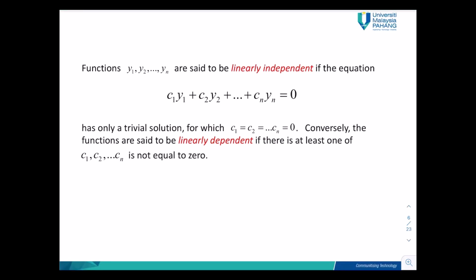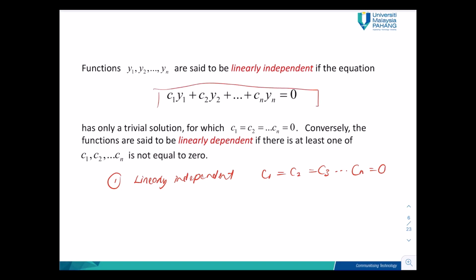Okay, we will repeat back. If we have two categories over here: it is linearly independent if c1 equals c2 equals c3 until cn equals 0 to fulfill this equation.